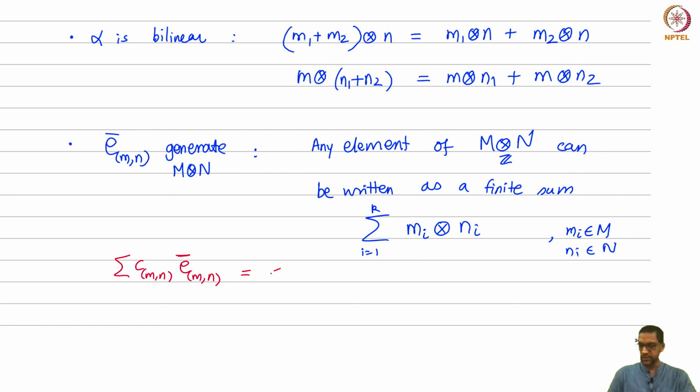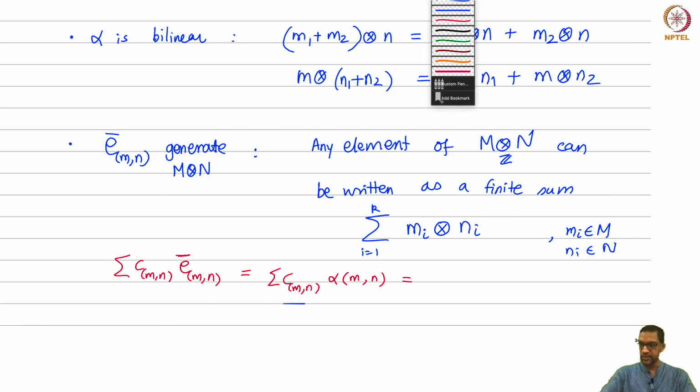So this is nothing but the summation of c_mn alpha(m, n), a finite sum over certain m's and n's. What I am doing here is just calling the m's and n's which appear in this summation m_i and n_i, but this coefficient c that I get, this constant here, I am just going to take into the alpha, so recall alpha is bilinear, which means that you also have this.